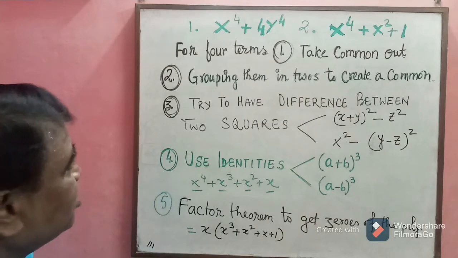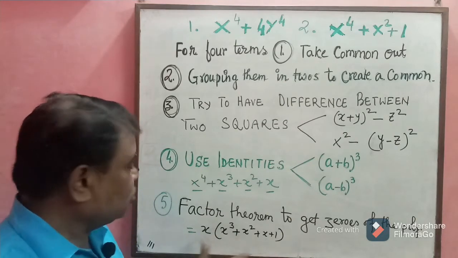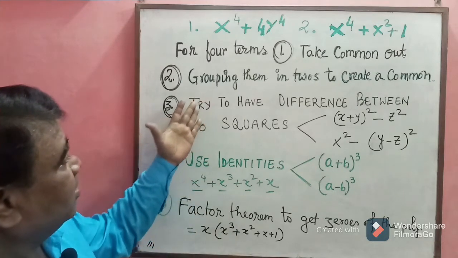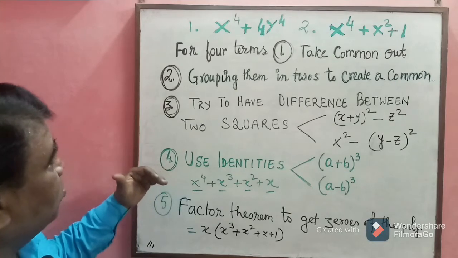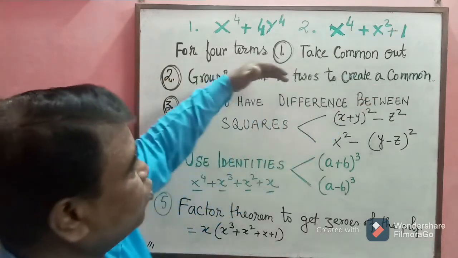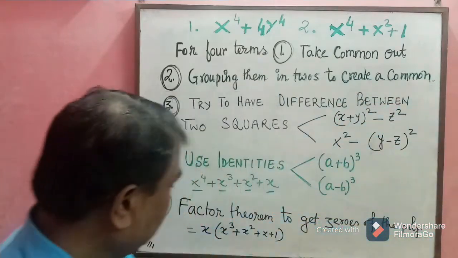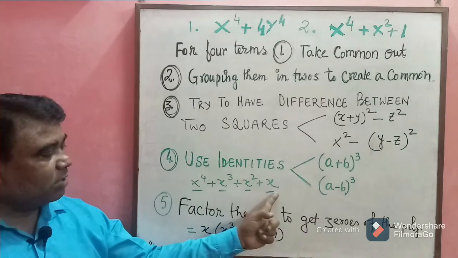Now the second procedure is, maybe this will not be the question, but you have to group them. Next one is grouping them in 2 to create a common. You see there are 4 terms.